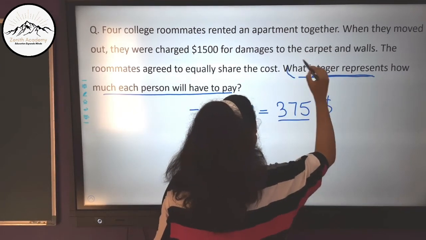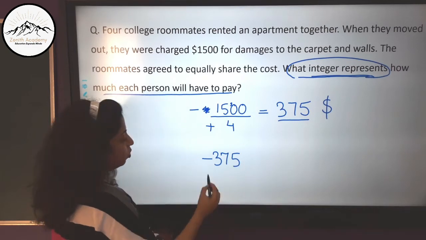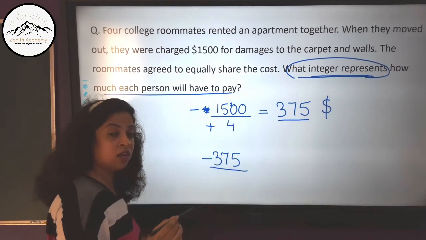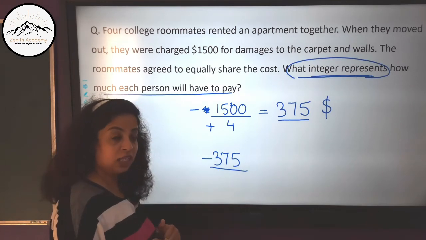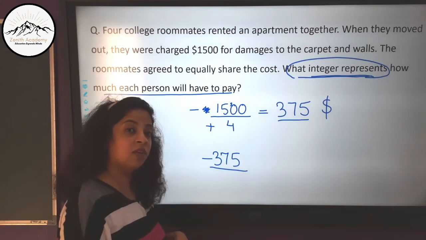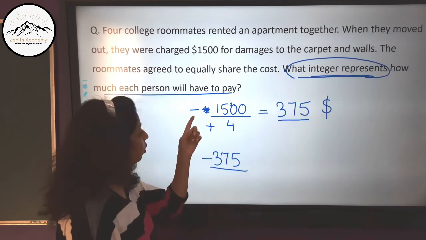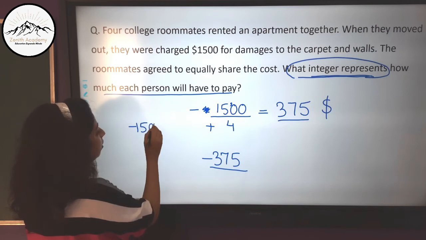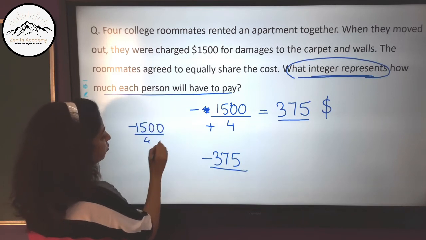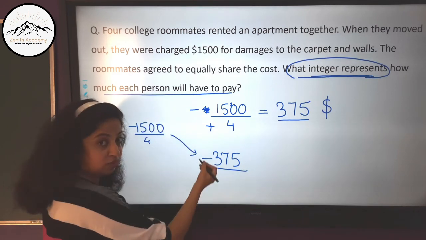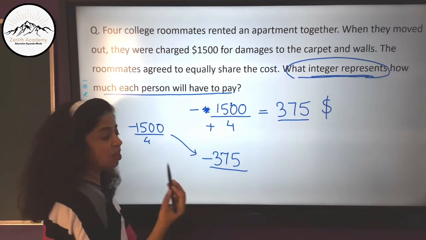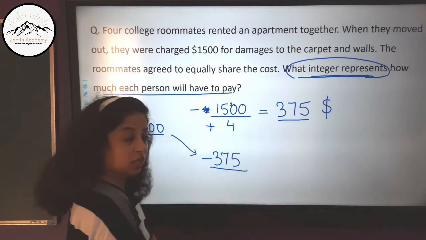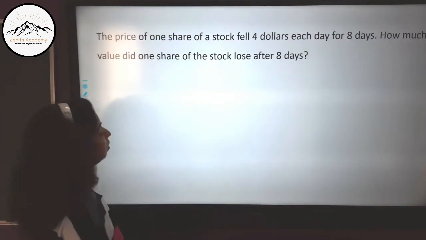If they have asked what integer represents, then you have to write minus 375 because this is loss. Whenever you are representing gain of money, you will do plus. Whenever you are representing loss of money, you will do minus. So here basically it will be minus 1500 upon 4, which will be minus 375. And if you are just asked how much each one of them will pay, then the answer will be positive. Now next question.